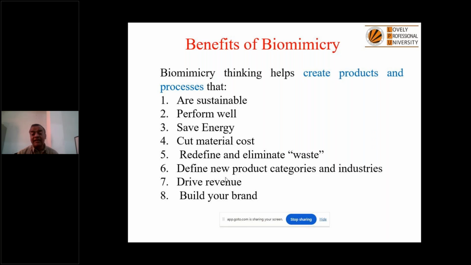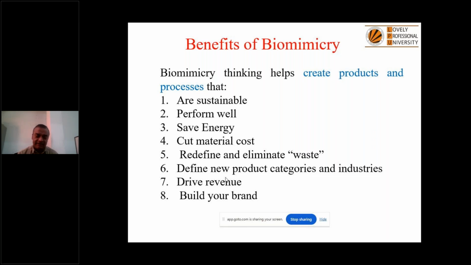Biomimicry can create new products through patenting and innovation, and industries can be created, and these industries will provide bread and butter to a number of people in society. So this will help make the nation prosperous and drive revenue. No doubt, if there is one industry, it will pay taxes to the government, and employees will also give tax to the government, so revenue can be generated.